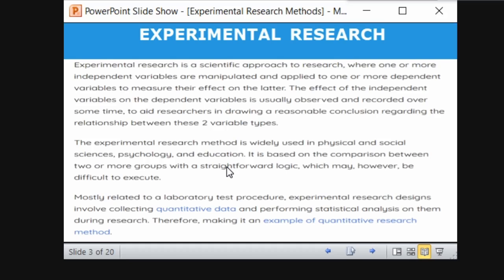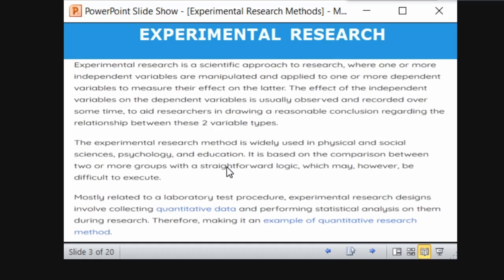When you record this after a certain period of time and get a result like we did in the plant example, based on those findings you draw a conclusion regarding the relationship between these two variables.